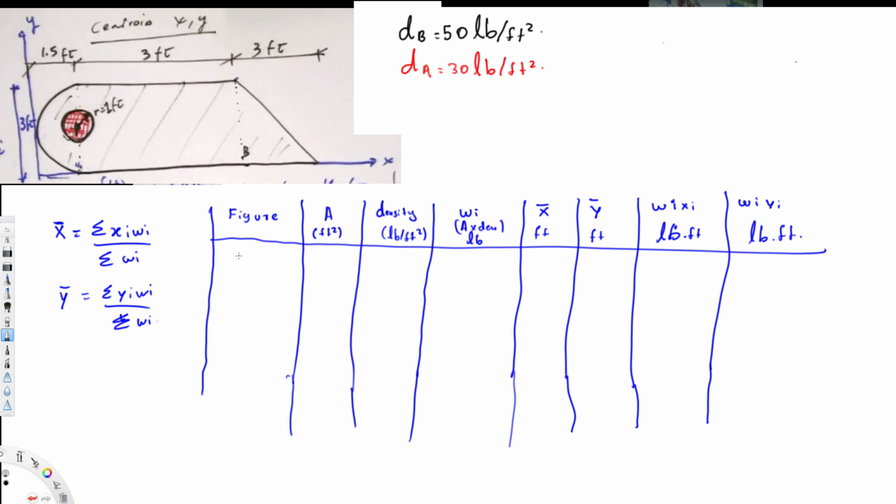If I take the half circle right here, I take this alone without the inside circle, and I'm going to calculate this separately. First of all, the area is going to be pi r squared by 2, because this is a semicircle. So pi times r squared divided by 2, and we know the radius is given.